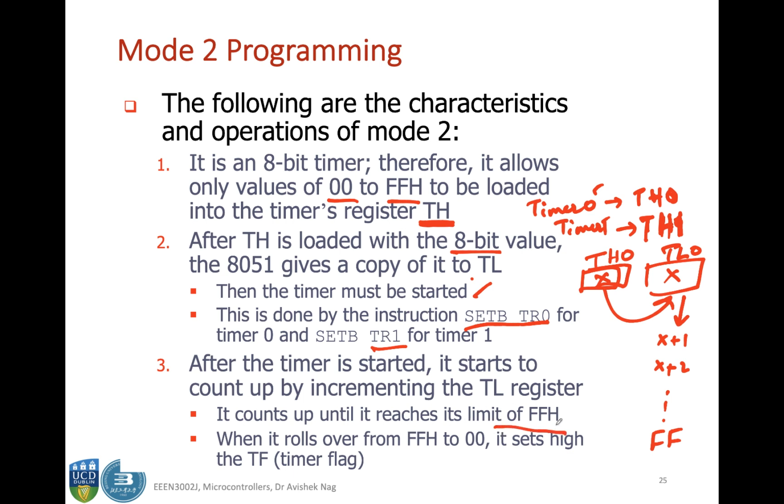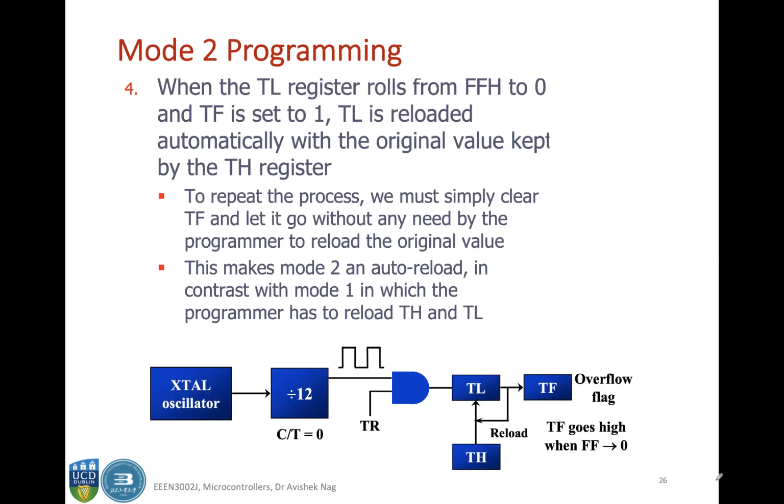until it reaches the limit of FF, and when it rolls over from FF to 00, it sets the timer flag, okay. So once it goes to 00 from FF, the timer flag is set to 1, okay, and the moment the timer flag is set to 1, that is when your TL register rolls from FF to 0, TL is reloaded automatically with the value kept by the TH register, okay.